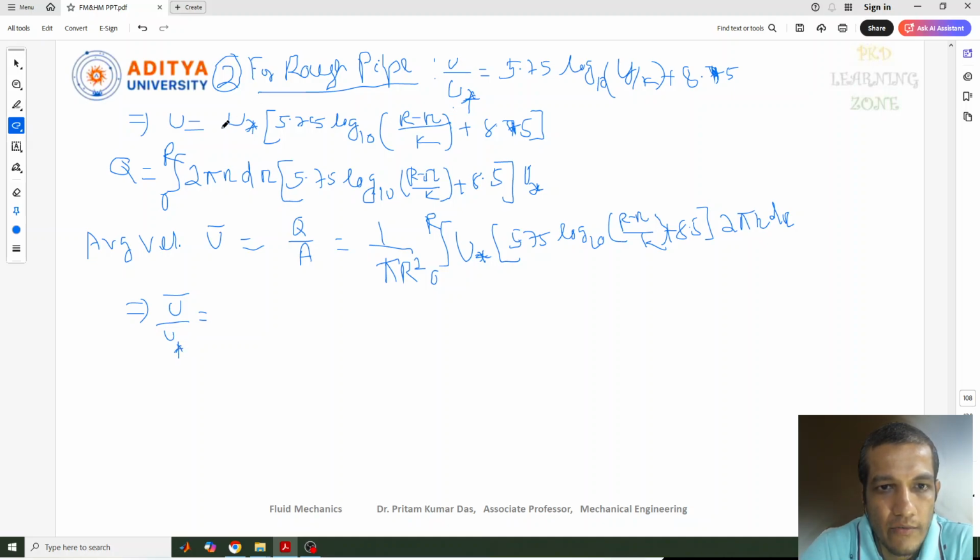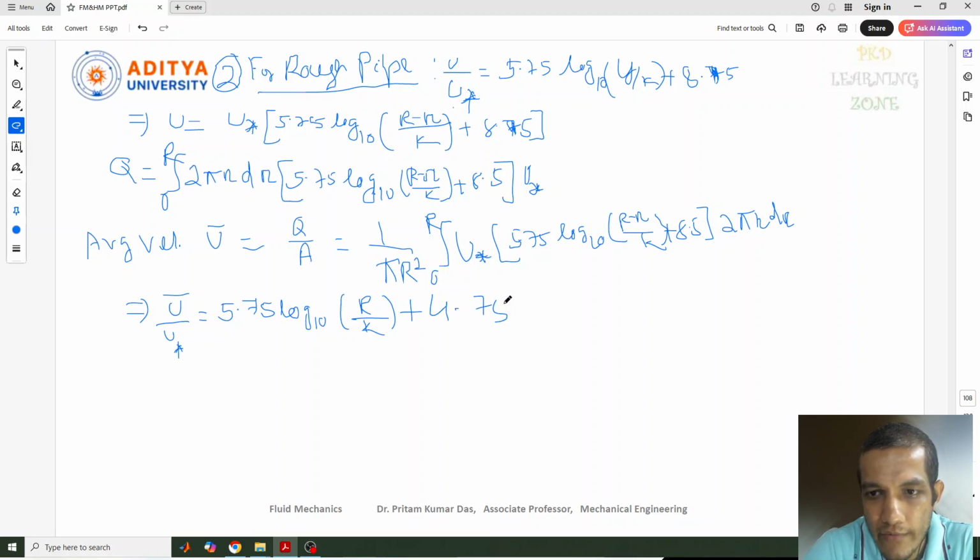Similarly to what we did in the previous case, u bar by u star equals, finally we get the constant term outside, 5.75 log 10 of r by k, plus 4.75.